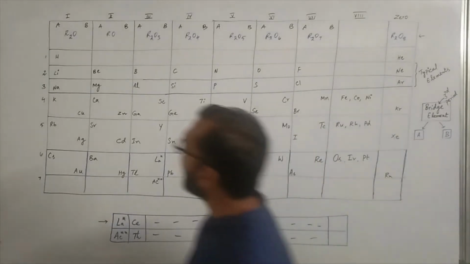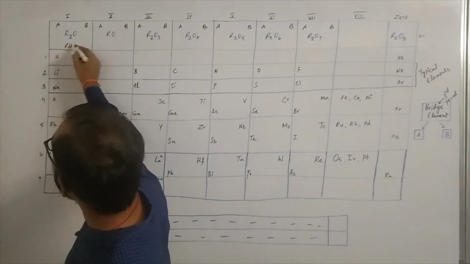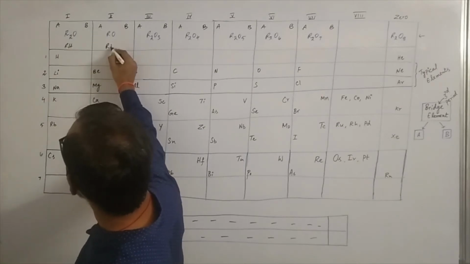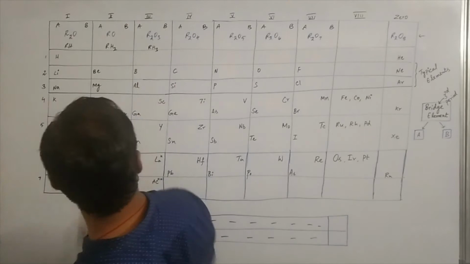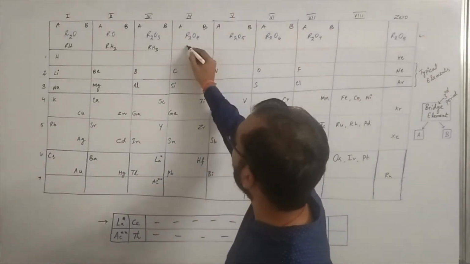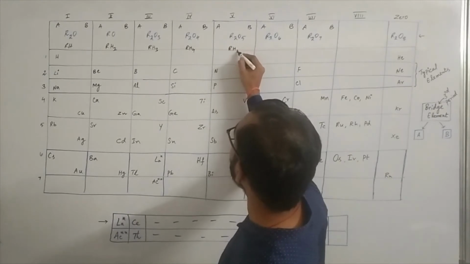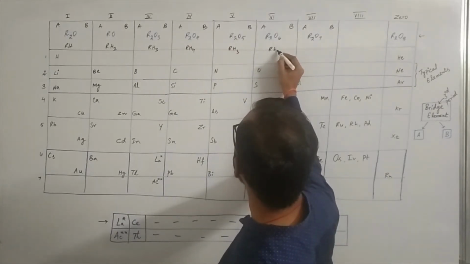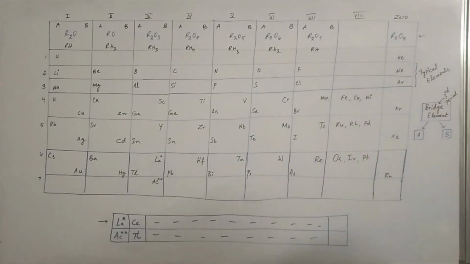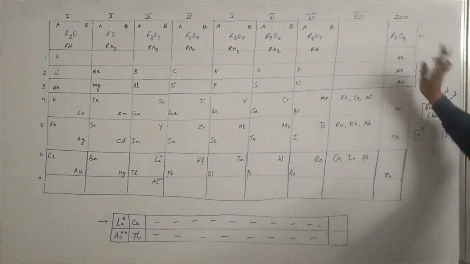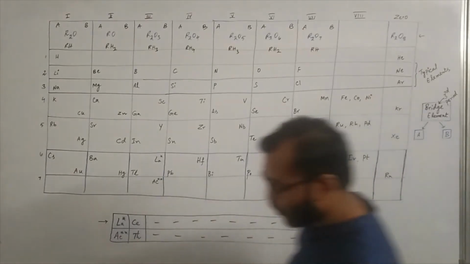If you want to check valency with respect to hydrogen, you will get RH, RH2, RH3, RH4, RH3, RH2, RH, and nothing here, RH0.